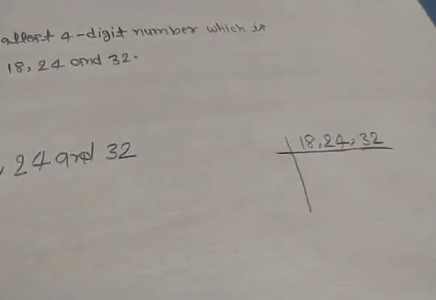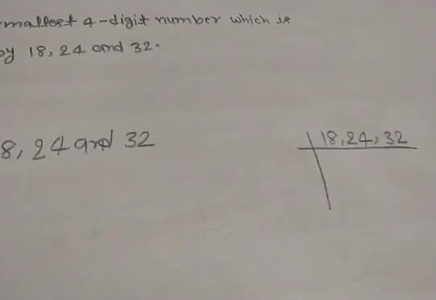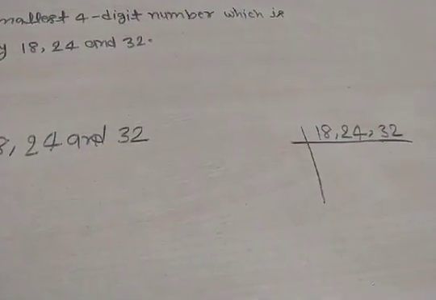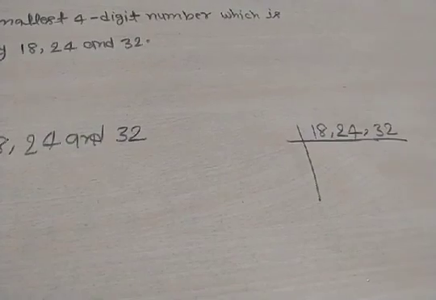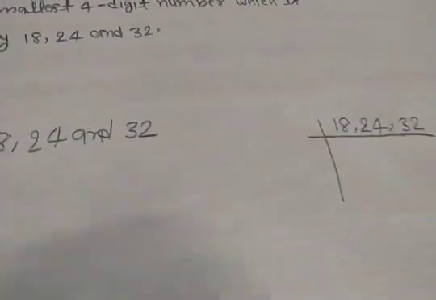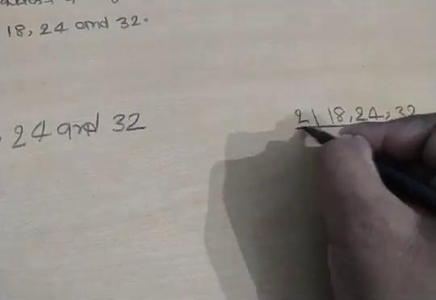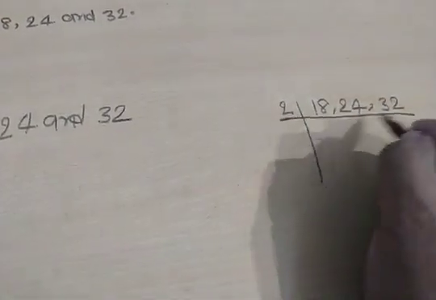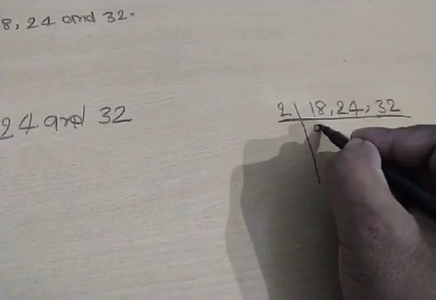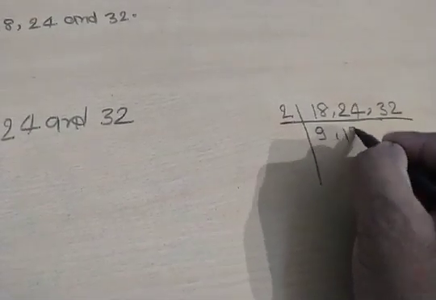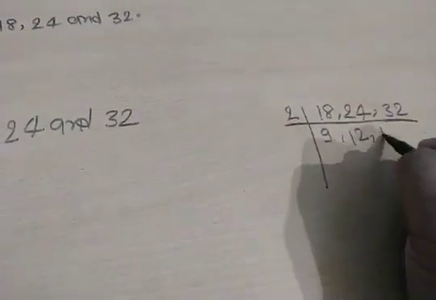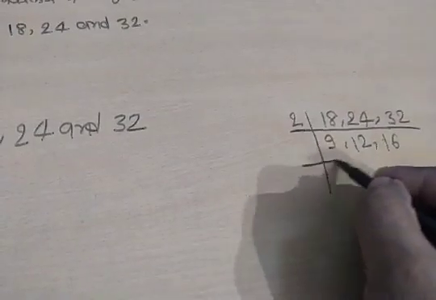So first we select the smallest prime number which divides at least two of these numbers. The smallest prime number is 2. 2 divides all these numbers: 9 times, 12 times and 16 times. Clear?